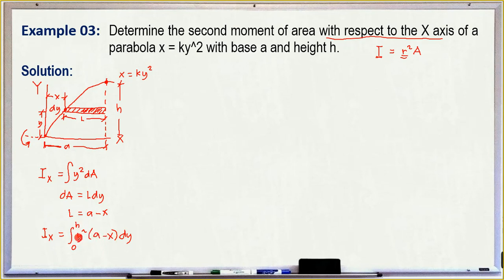Now, if you observe, in the integral equation the variables are not uniform because we have variable x, and then our differential is in terms of y. So we need to find a relationship that exists between x and y, okay?